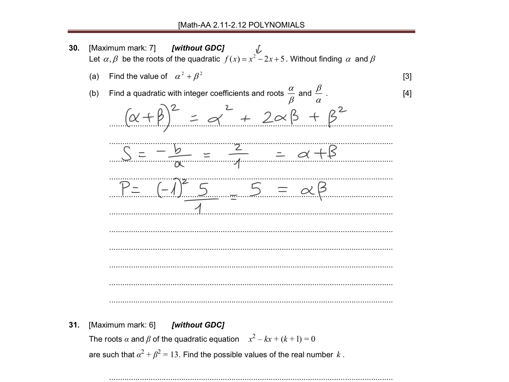So if we want alpha squared plus beta squared, we're going to have to do the sum squared, but we have to minus 2 alpha beta because we want this plus this, but we don't want this. Okay? So let me just write that mathematically.